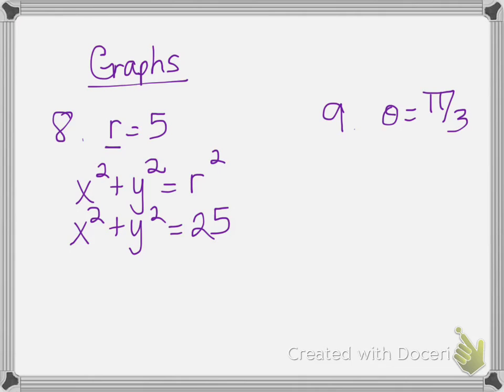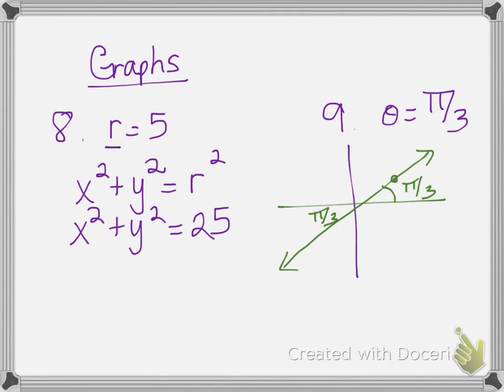Angle equals pi over 3. That means that we want to figure out what the equation is of any point whose angle is pi over 3. So graphically, that's saying that I go to pi over 3, I draw a line, and I want to know the equation of that line, because any point along that line would be on the line angle equals pi over 3.